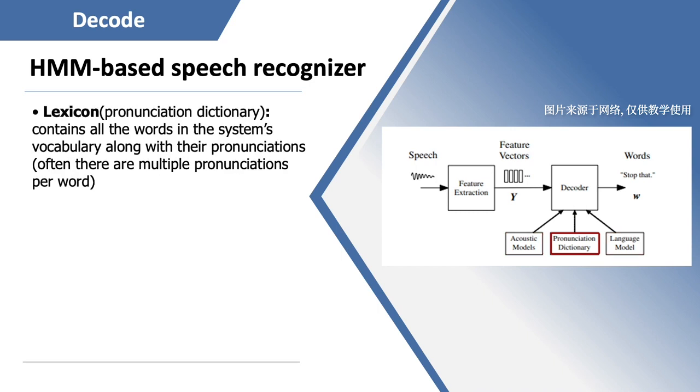The pronunciation dictionary or lexicon contains all the words in the system's vocabulary along with their pronunciation. Often, there are multiple pronunciations per word, and each word pronunciation is marked.